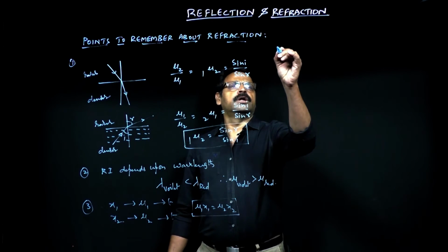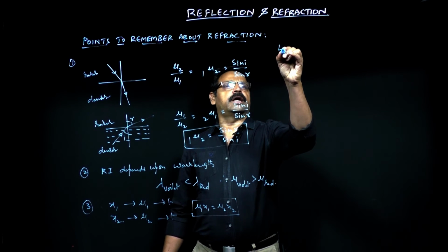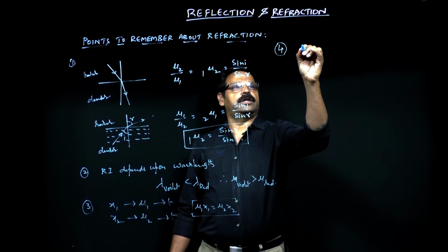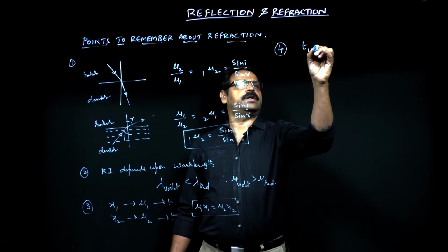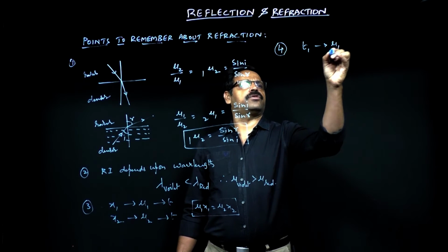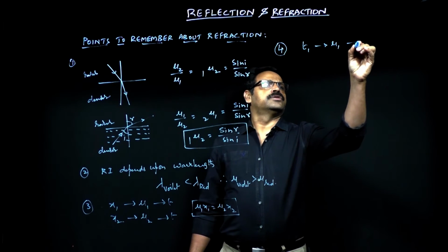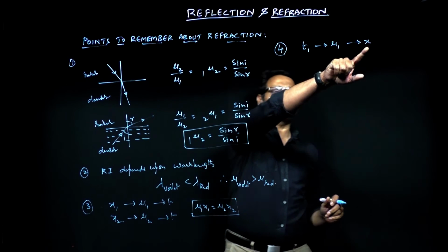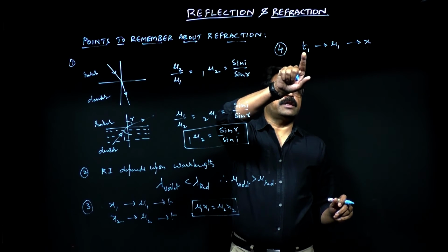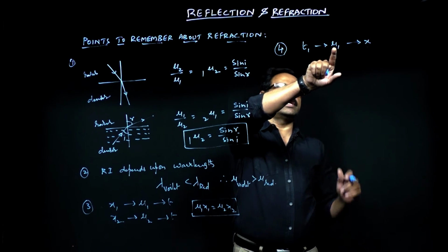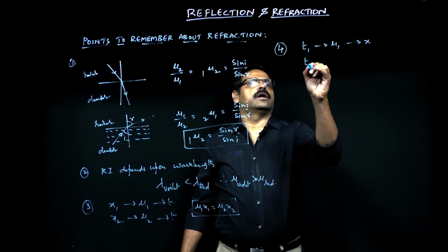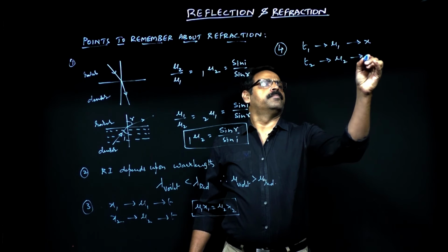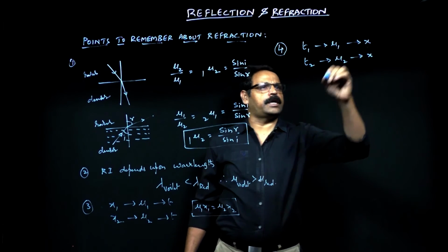The same thing you can write in another manner. If a light ray travels x distance in time t1 in a medium of refractive index mu1, and it takes t2 time in a medium mu2, the distance is the same here.